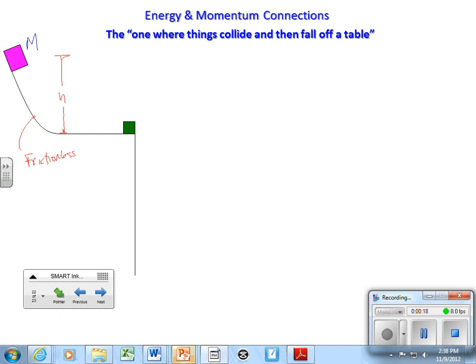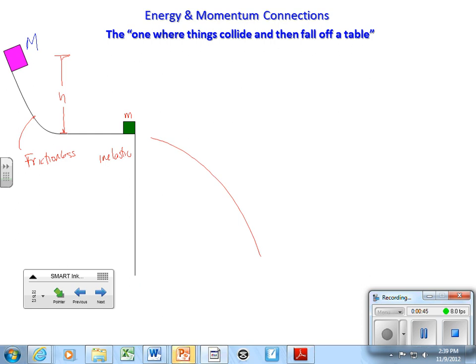In this case, we have a block of mass M that slides down this frictionless incline from a height h, and it's going to whack into this mass, we'll call lowercase m, and we're going to say it's inelastic, and then they're going to together fall down there.